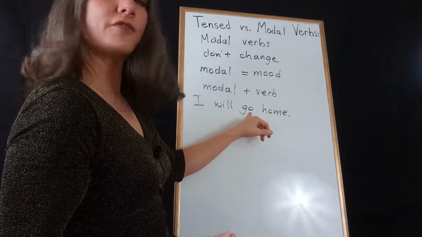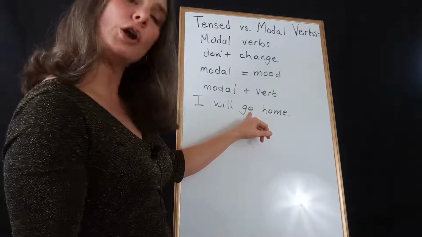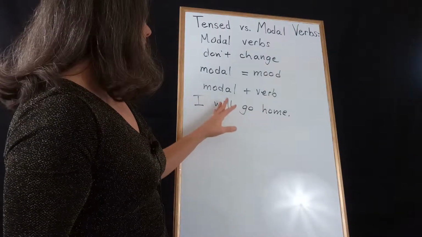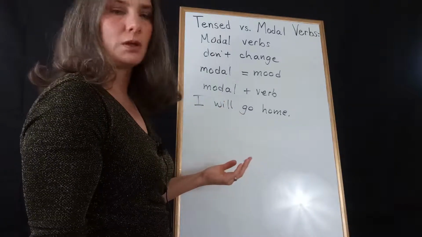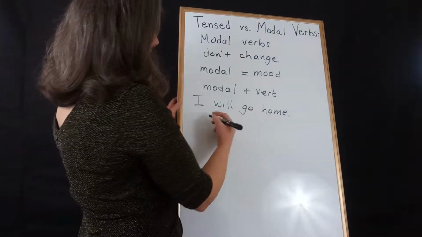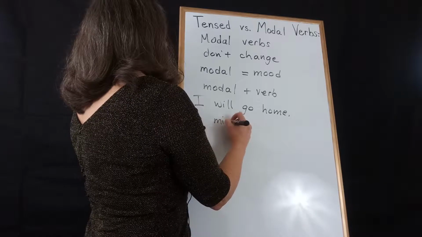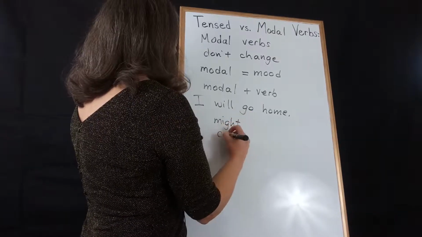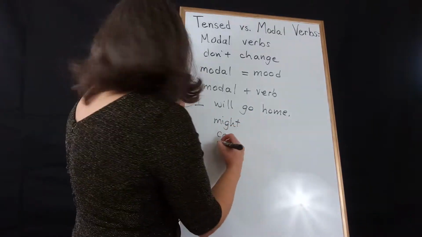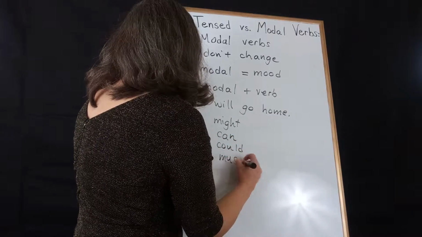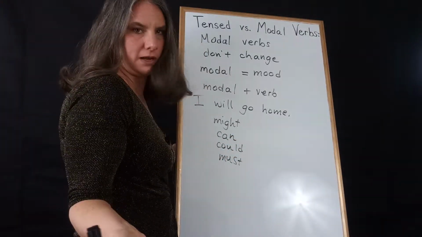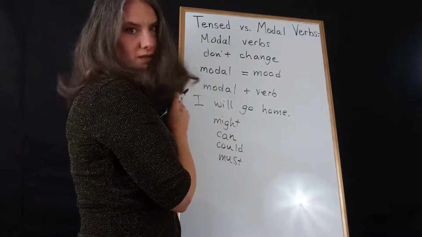This is my verb, my main verb, go. Okay? So the will tells you kind of the mood of go. Okay? Others include might, can, could, must. What's your favorite? I bet you can think of one that goes along with these, right?